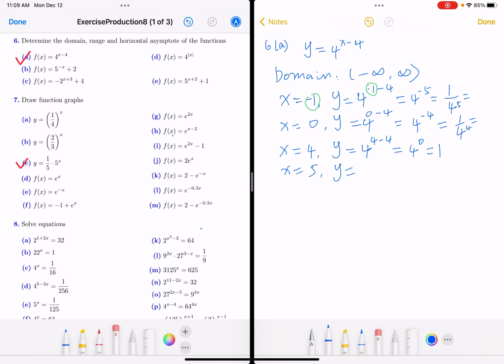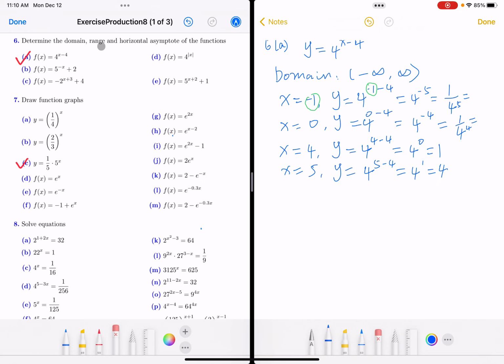So y equals 4 to the 5 minus 4, which is 4 to the first power, which is 4. So any number you put right here, it should make sense. Okay? So domain is from negative infinity to positive infinity.